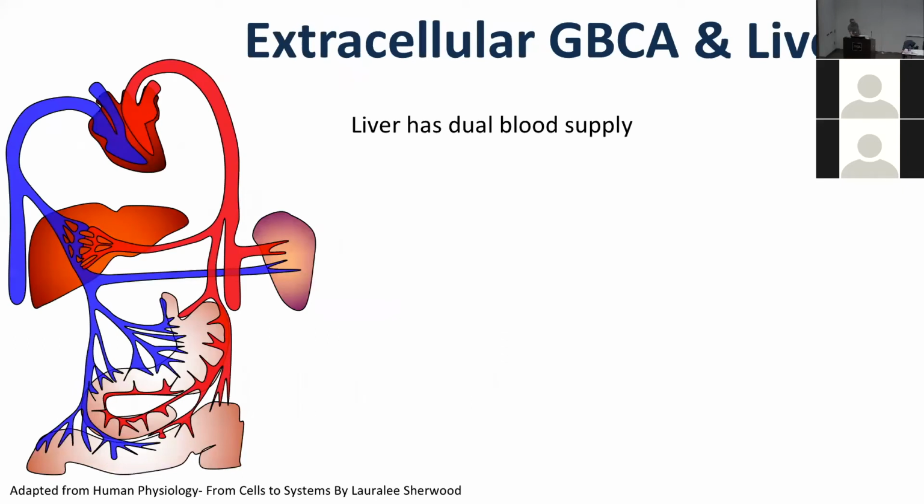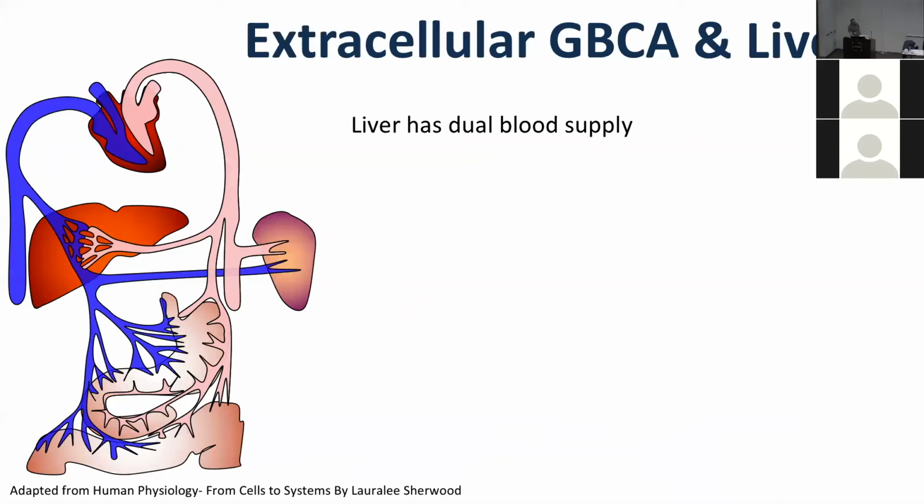So extracellular agents and the liver are going to be shown schematically over here. So we're going to give the contrast agent, and the contrast agent is going to get pumped out into the aorta. And it's going to go from the aorta down the body into the spleen, into the gut, and into the liver. But the liver has a dual blood supply.